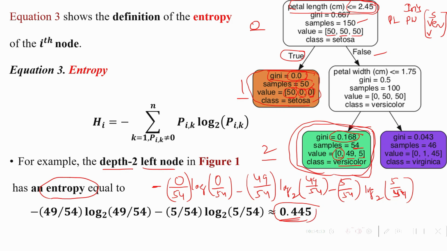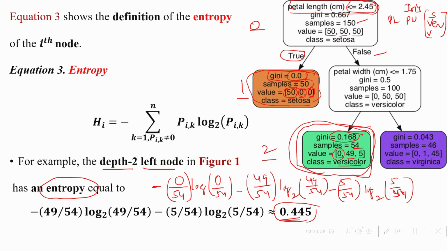That means all the elements are not in the same class. Already we discussed what happens if the entropy equals 0 and if the entropy is not equal to 0. If the entropy equals 0, all the 54 samples belong to the same class. But here the entropy equals 0.445, so the 54 elements do not all belong to the same class.